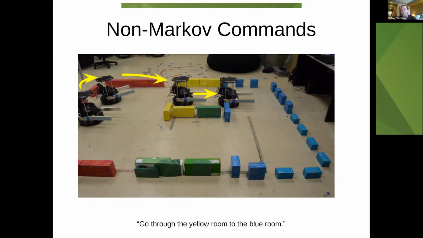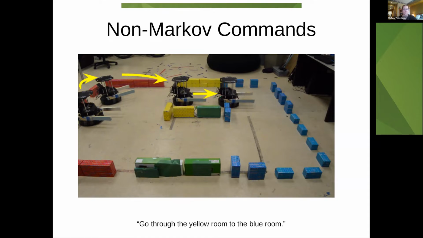But there's also other kinds of language and other more complicated expressions that we'd like to understand. One example of that is what we call non-Markov commands. You might want to say to the robot something like go through the yellow room to the blue room, a very natural thing to say. You know, go down the hall and then turn left and then be in the living room.